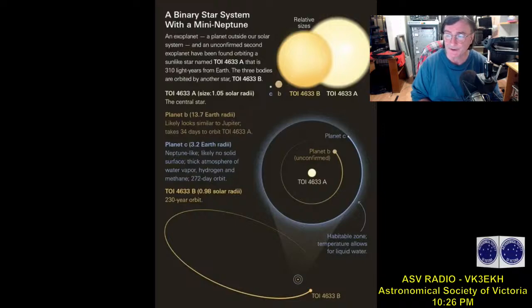This means TOI 4633A is the brightest star yet known to hold a planet in its habitable zone. However, you could not walk on the exoplanet because it has no solid surface. But if, say, TOI 4633C had a rocky moon, that could potentially support life on its solid surface, the researchers said.